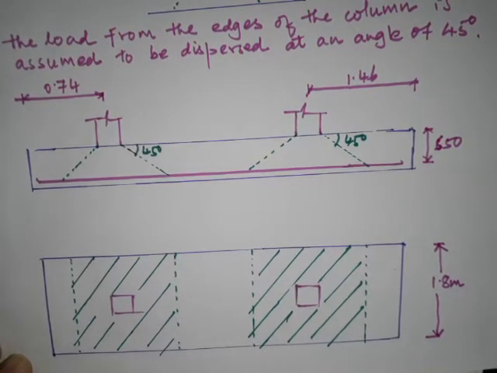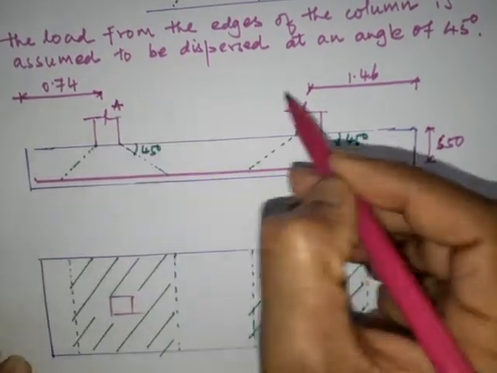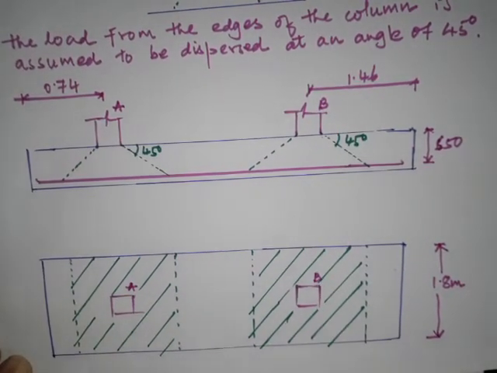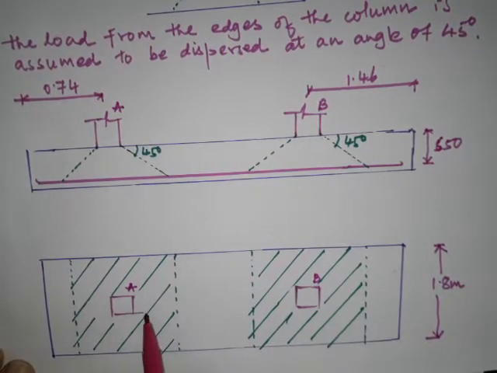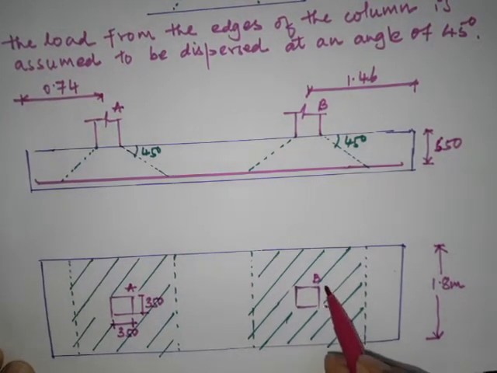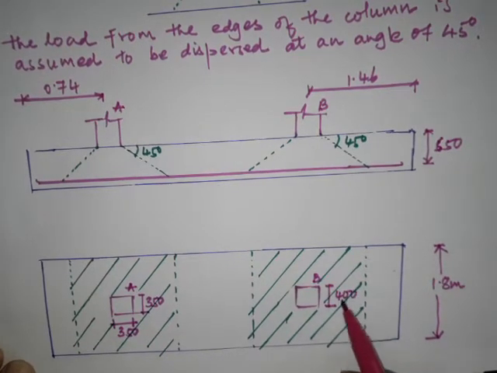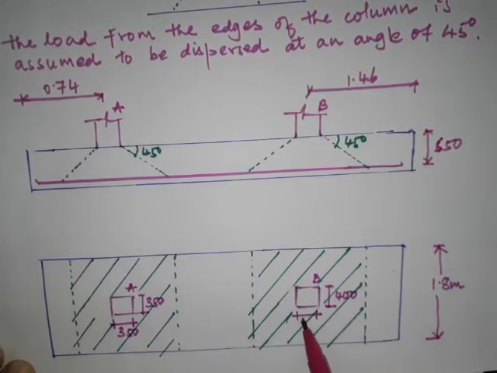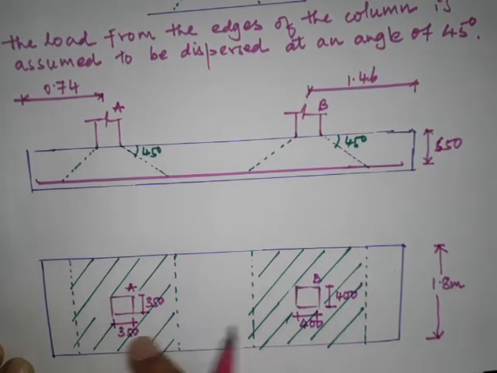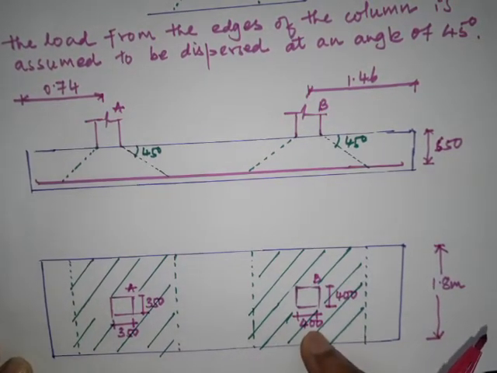Correct. And this is column A, column B. The size of column A is 350 by 350, and this is 400 by 400, okay.